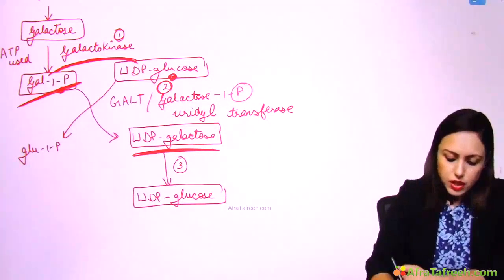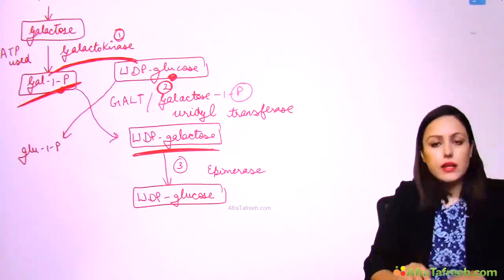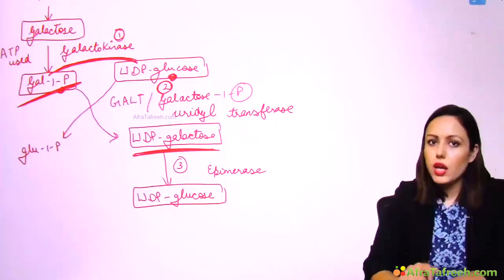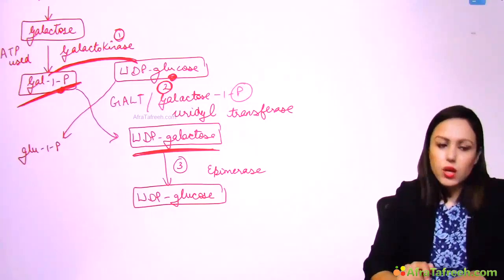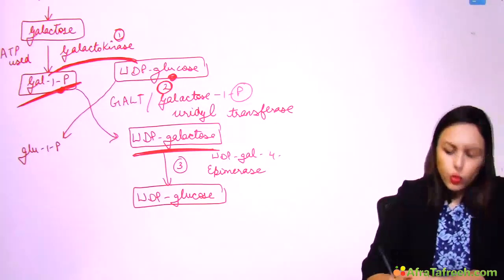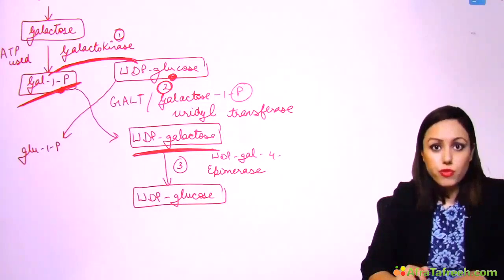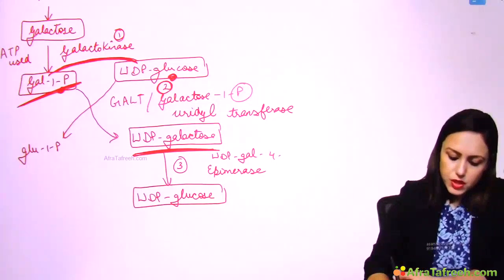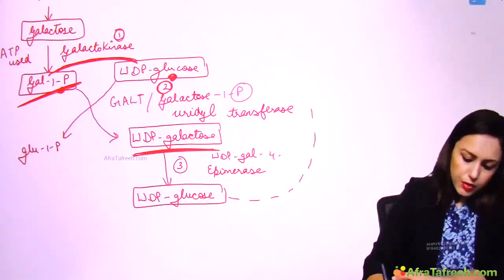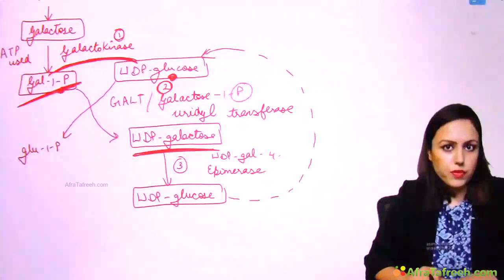And here enzyme is epimerase, as galactose and glucose are epimers of each other. Okay, full name of this enzyme is UDP galactose 4 epimerase, because they are epimers at position number 4. Okay, this UDP glucose can be again utilized here in this same pathway, right?